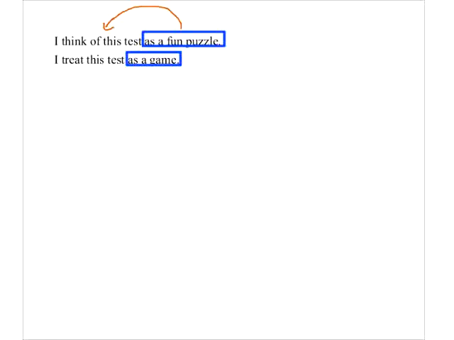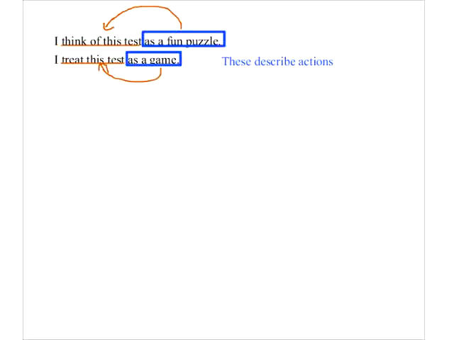This is not just describing the test, this is describing this action, and this is describing this action. So adverbial, or whatever word it was that you used for that. But the point is that it describes actions. So, I mean, it's related to the idea of the test, of course. But if you had to most accurately say what is modified by that, you would point to the action.